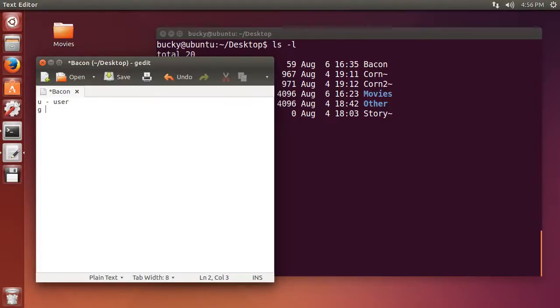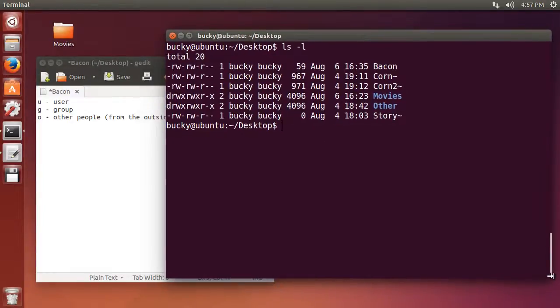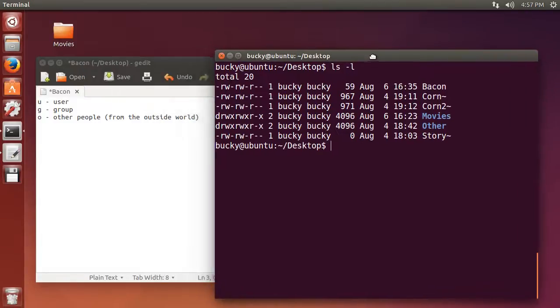G stands for the group, and O is for the people with usually the least privileges. These are just other people, like from the outside world. So just keep these characters in mind, because now I want to teach you how you would change permissions. Let me space this so you can see the whole thing.